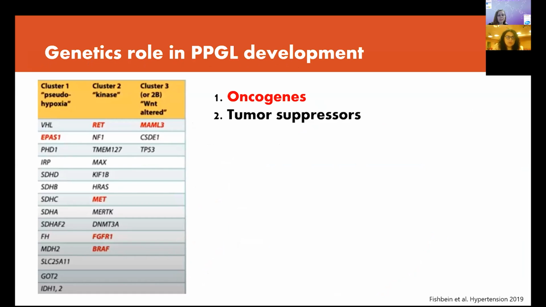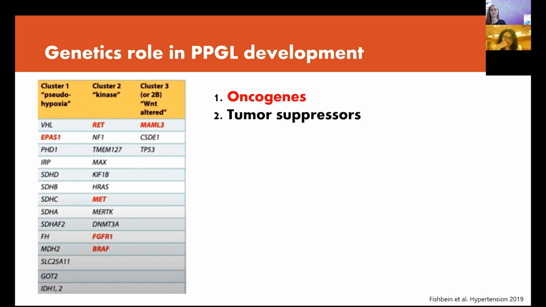So this is just another representation. I wanted to stress here that we know that some of those genes are oncogenes, and so they drive the formation of tumor, and some of those genes are tumor suppressors.